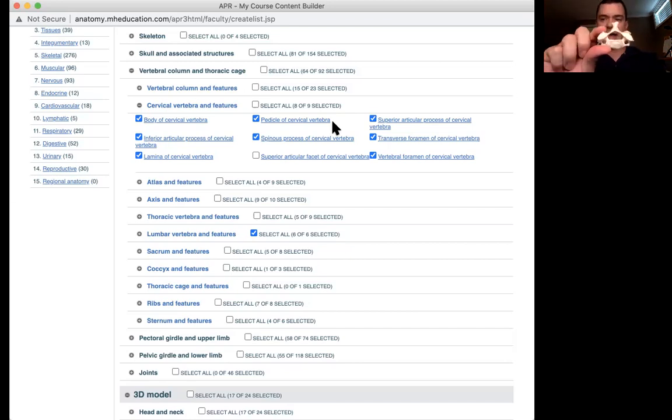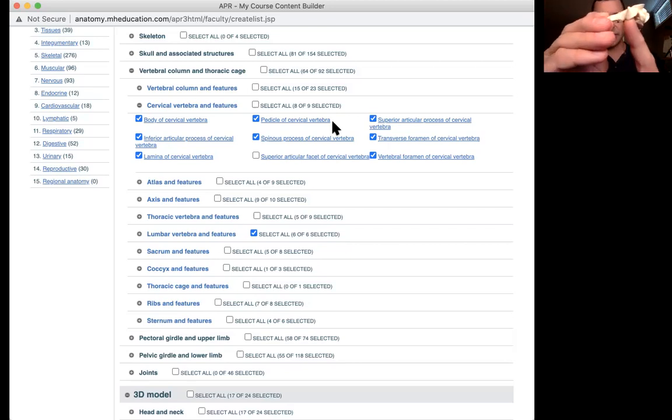I have the body of the cervical vertebra. I'm just going to try to go in order here, although it's not intuitive for me. If I hold it like that, we have an articular surface on the superior aspect, and we have one on the inferior aspect.